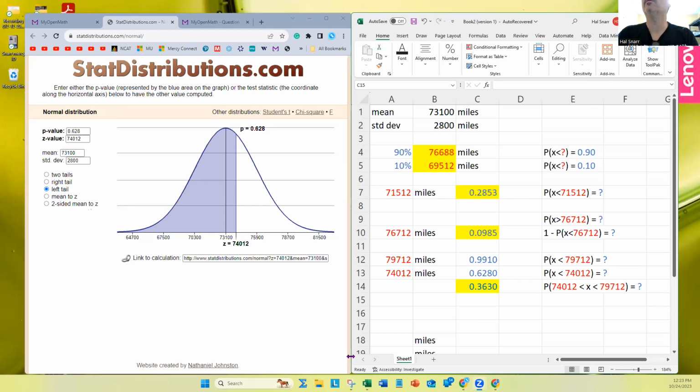Let me get my drawing tool. They changed Zoom because I used to be able to. Okay, I guess what we'll do is just draw it freehand. 79, which is right about here. I want to know what this probability is.